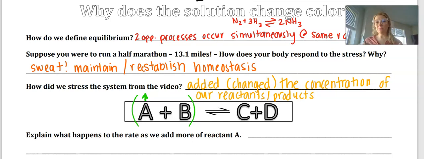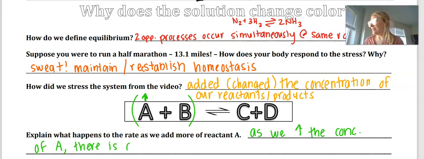If there's more A present, then A and B are going to collide more frequently.